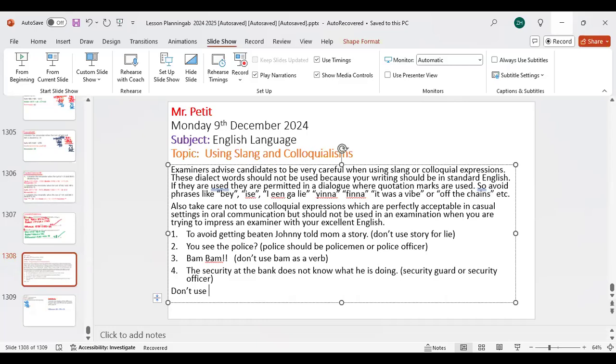Don't use pants for a pair of pants. Don't use tennis for a pair of tennis shoes.